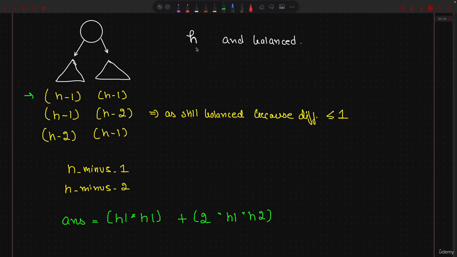The constraints are that given the height h and that it is balanced, we have to tell what height these subtrees can have. If I have to keep them balanced, either they can have the same height or the height difference can be at most 1. And if the whole tree has a height of h, then of course it can be just h minus 1 or h minus 2, so that the difference doesn't become greater than 1.